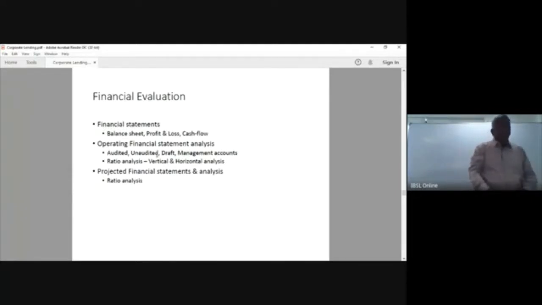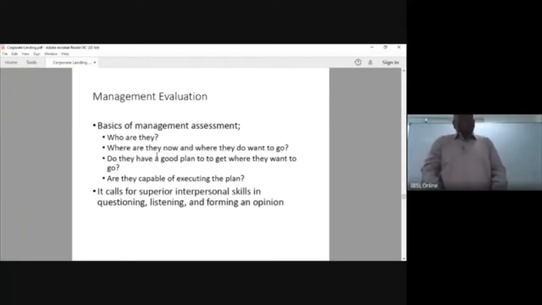Right. So now the next pillar, management evaluation. Actually, this is very important. Any company is run by the management. So management should be very strong, and they should be very effective and efficient in their operation, in their management function.